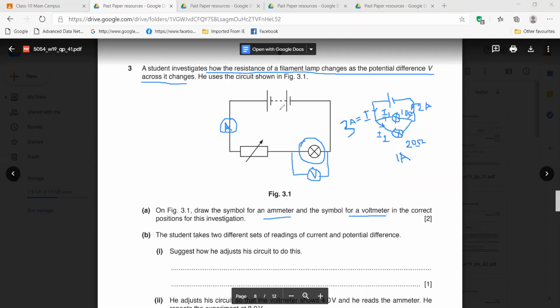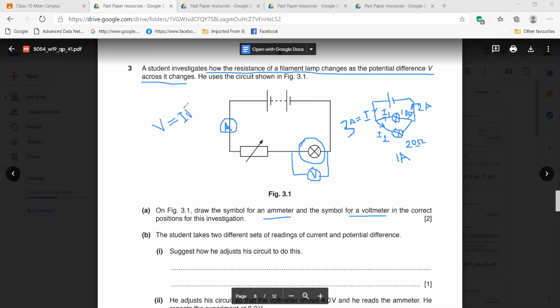What Jiva said is that if we increase this voltage, then we will get more current here, because we are not changing any resistance. V equals IR, right?